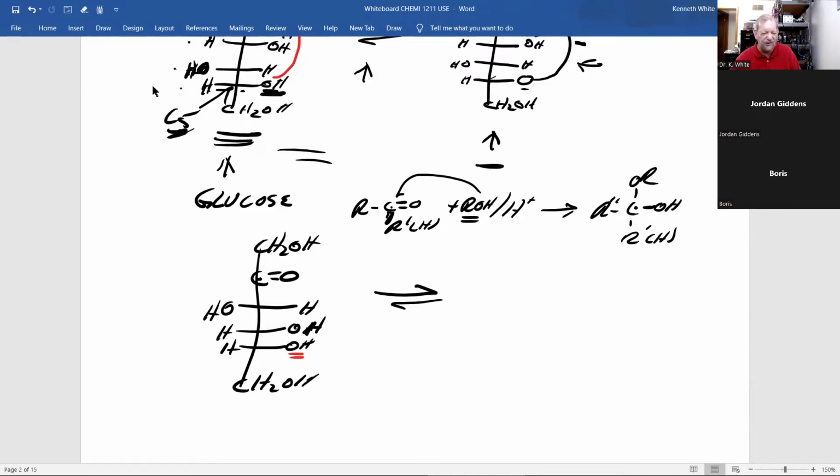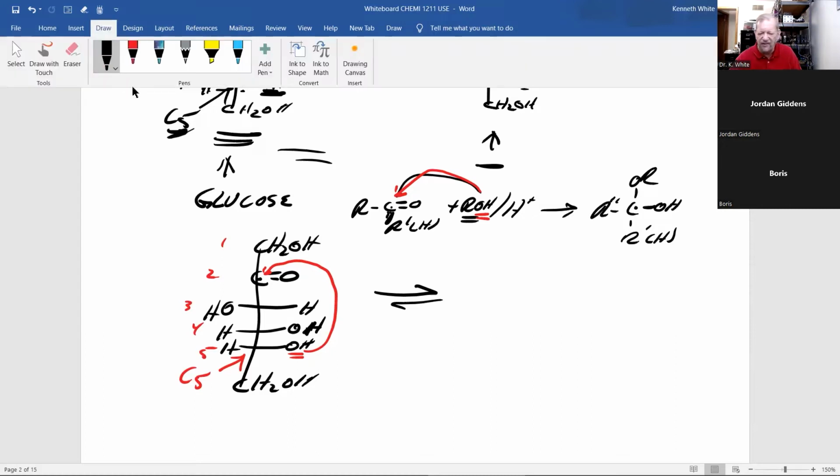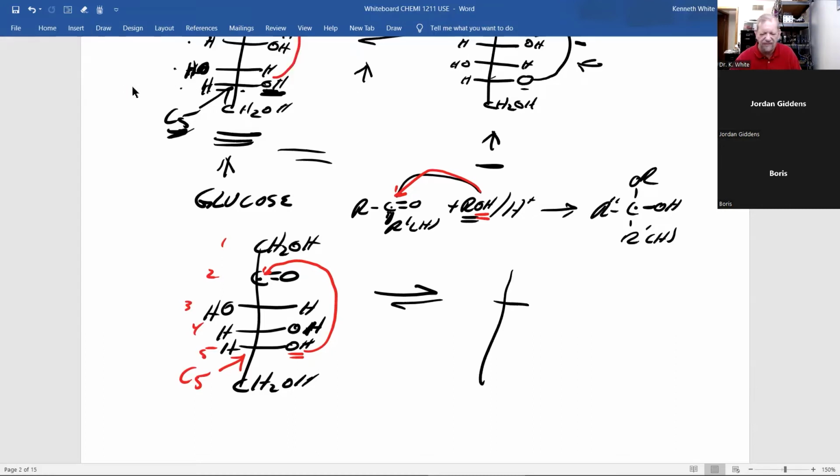This hydroxyl group is this hydroxyl group. It attacks the carbonyl, so this will attack the carbonyl. And this always, for both of them, happens on carbon 5. 1, 2, 3, 4, 5. And what isn't involved in the reaction does not change.